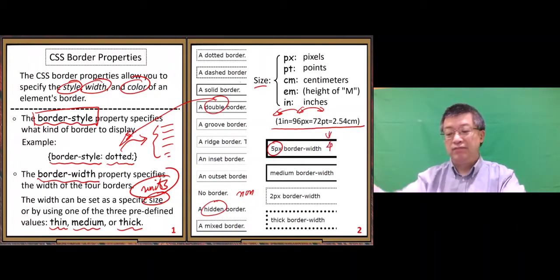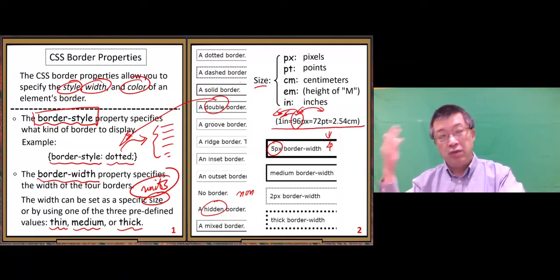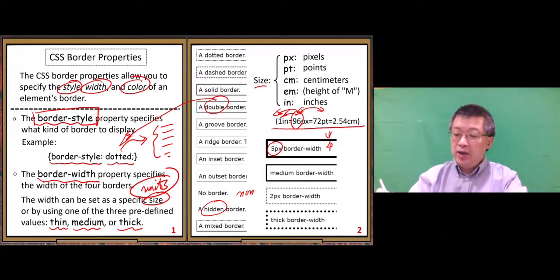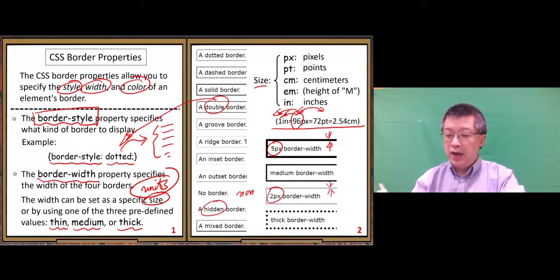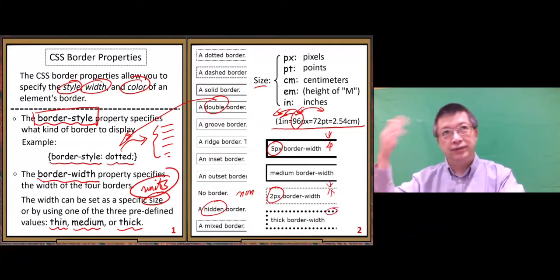So thick. 96 is 1 inch. So you can see how much we usually need. The medium size is like that, 2px is like this, and the thick one is like that. So you get an idea.